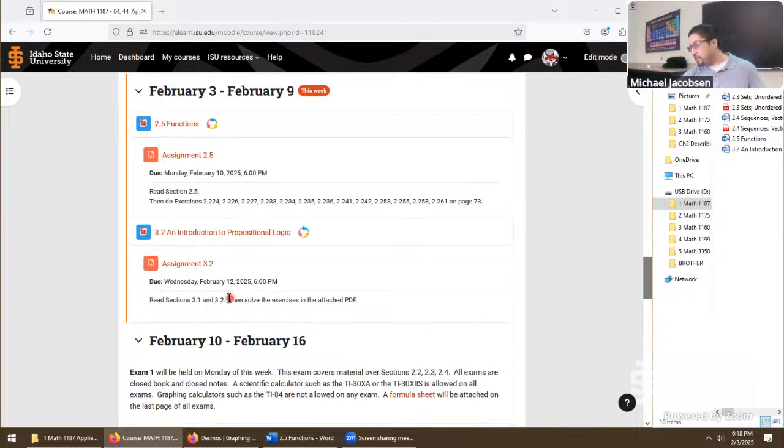But then after reading section 3.1, I was reading it on Sunday, completed the reading, went to do the homework exercises, and I did find my first snag on this book. It's a terrific book, but with these free textbooks, the homework sets are sometimes not always the best. Chapter 2 is awesome. I liked all these exercises here.